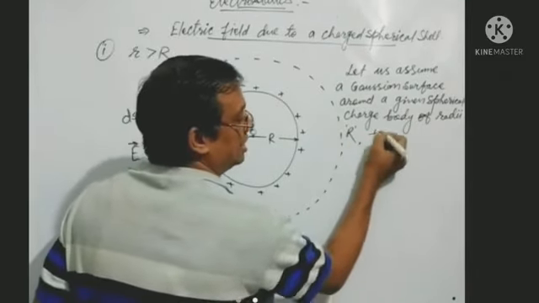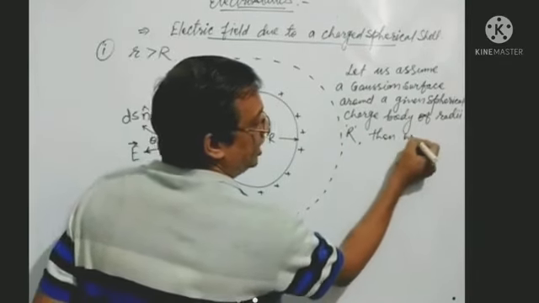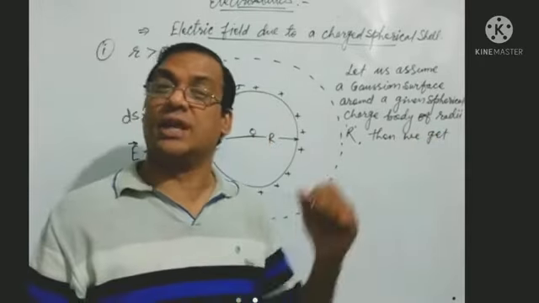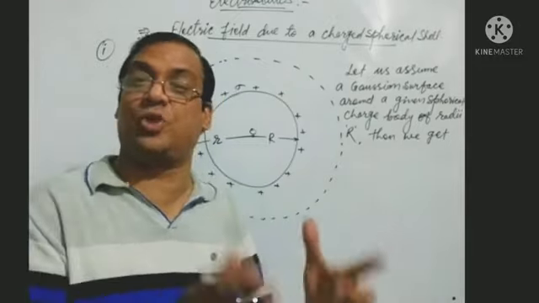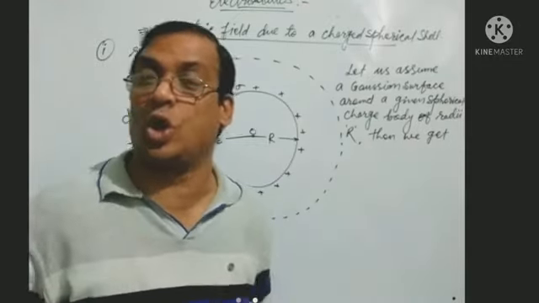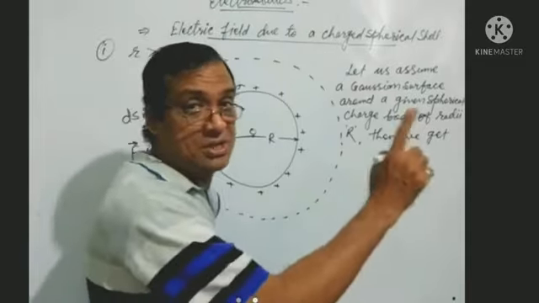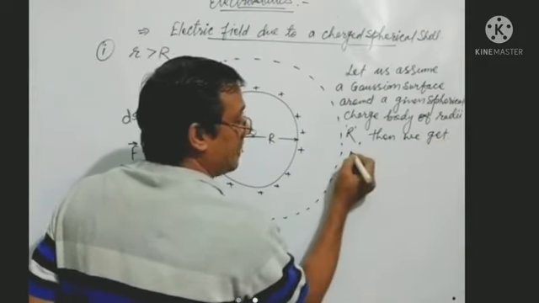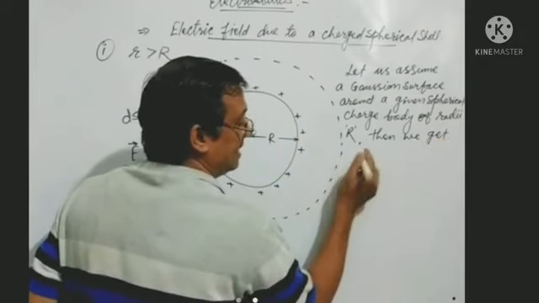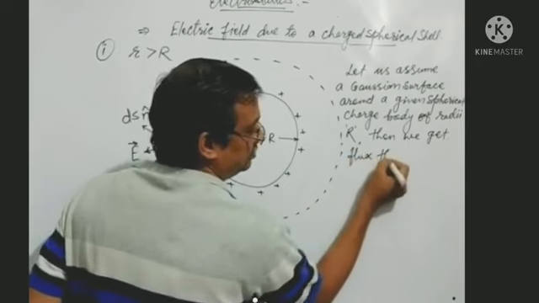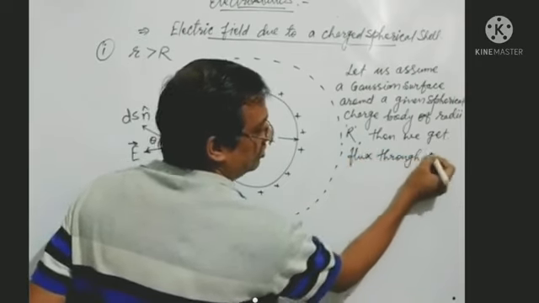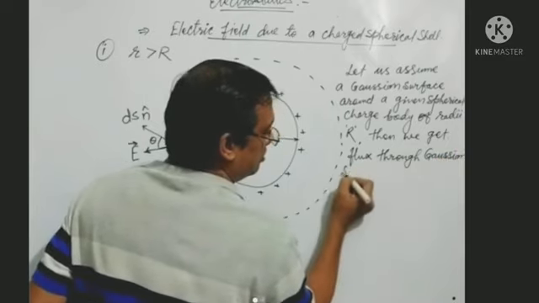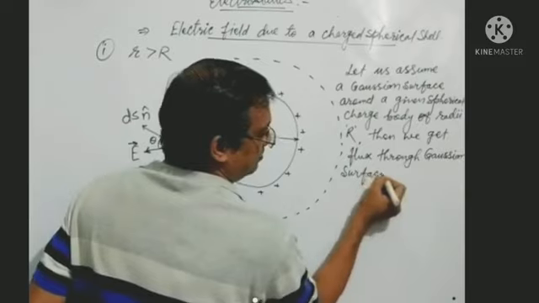Then we get flux. As you know, in the previous videos, I've already told you that whenever we want to find out the electric field, first of all, we have to find out the flux through the Gaussian surface. So the first condition is finding out the flux through the Gaussian surface.